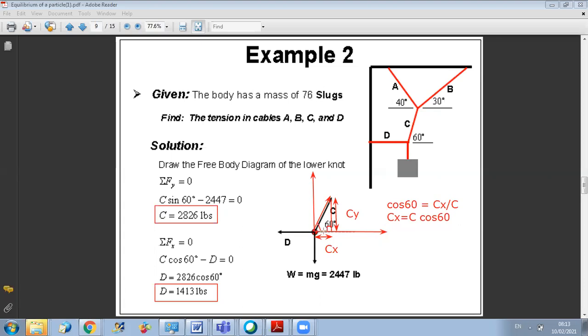This side is adjacent to this angle, so I do C cosine 60. While for the opposing side, you do sine 60. So you say that sine 60 is Cy over C, so Cy is equal to C sine 60. Is that clear? Yes, thank you, doctor.